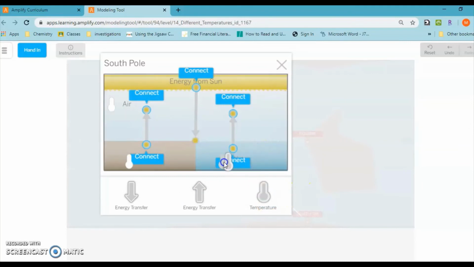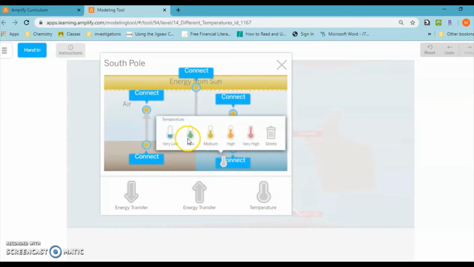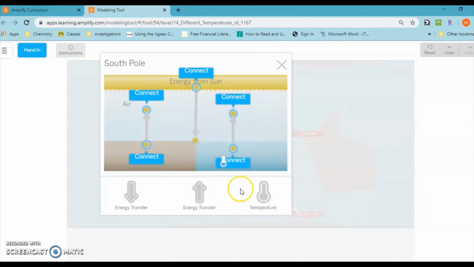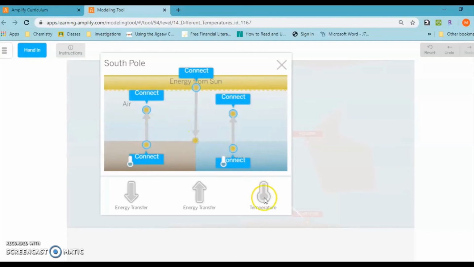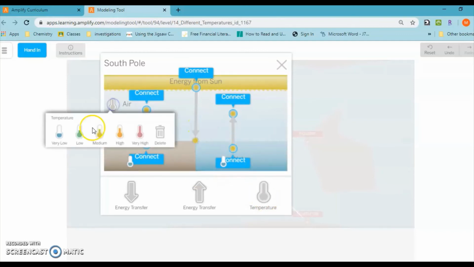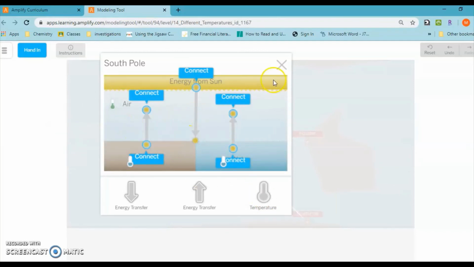And we know this temperature is going to be lower, so I'm going to put very low. And then my air temperature, let's put that's low as well.